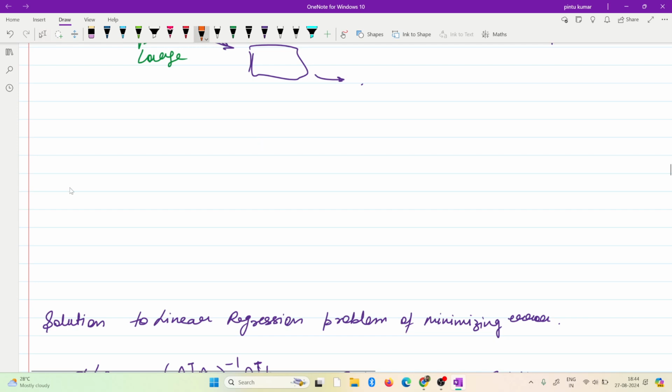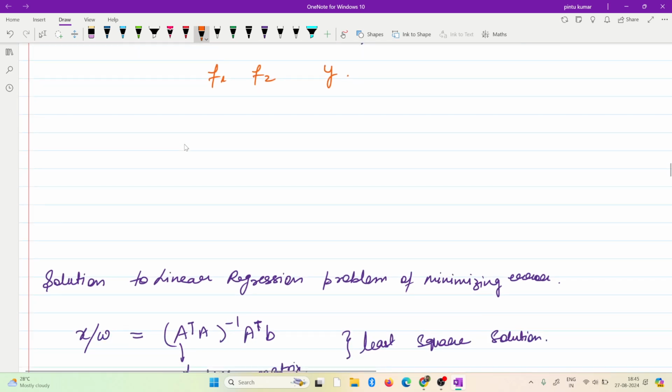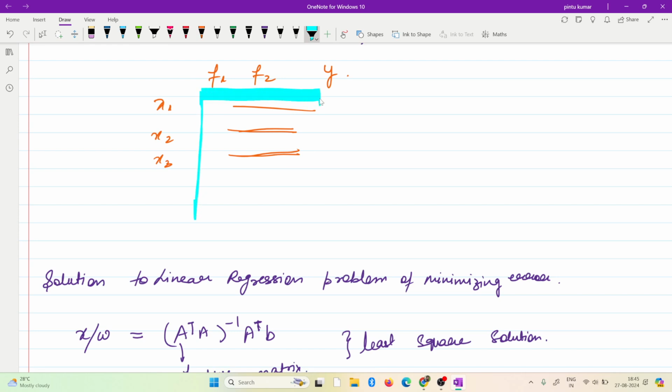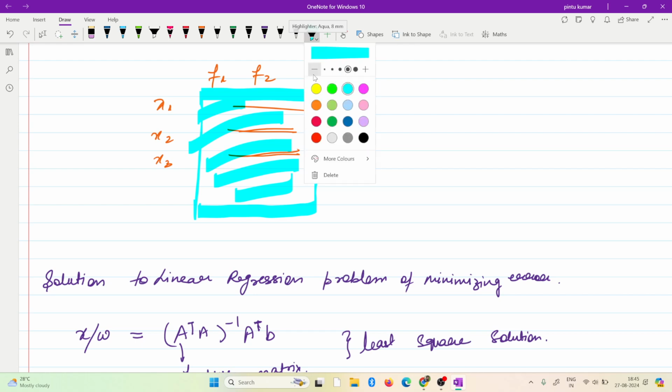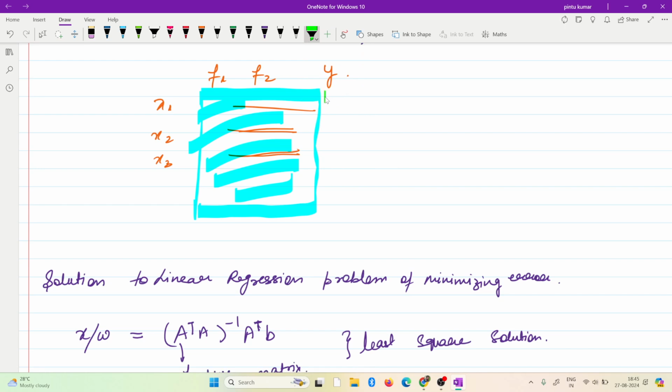Another thing that is here is, let's say you have some data set. Let's say you have two features, and data points x1 with some value, x2 with some value, x3 with some value. Now, if you make a matrix out of these data points containing all features, and you create another matrix containing just your y.